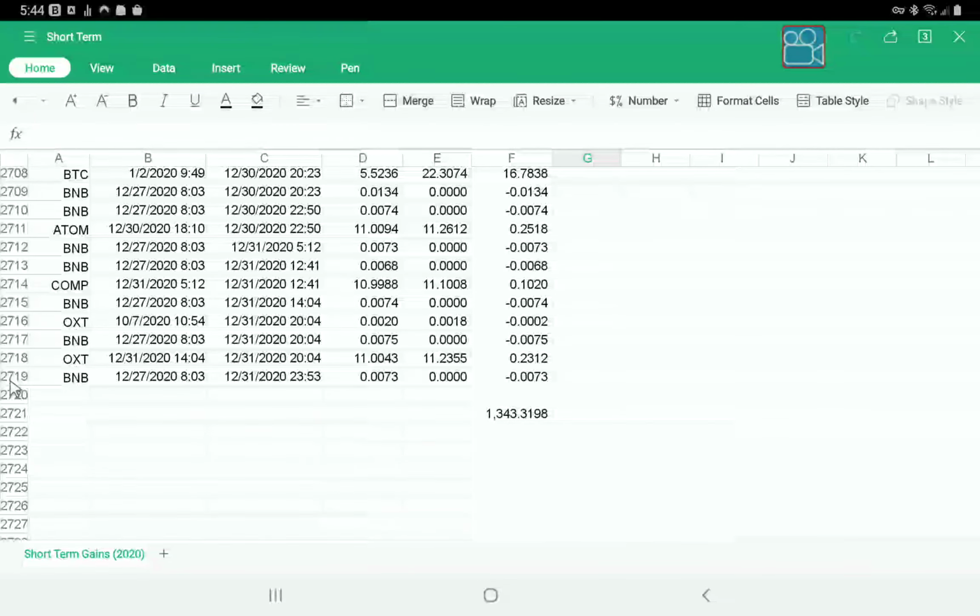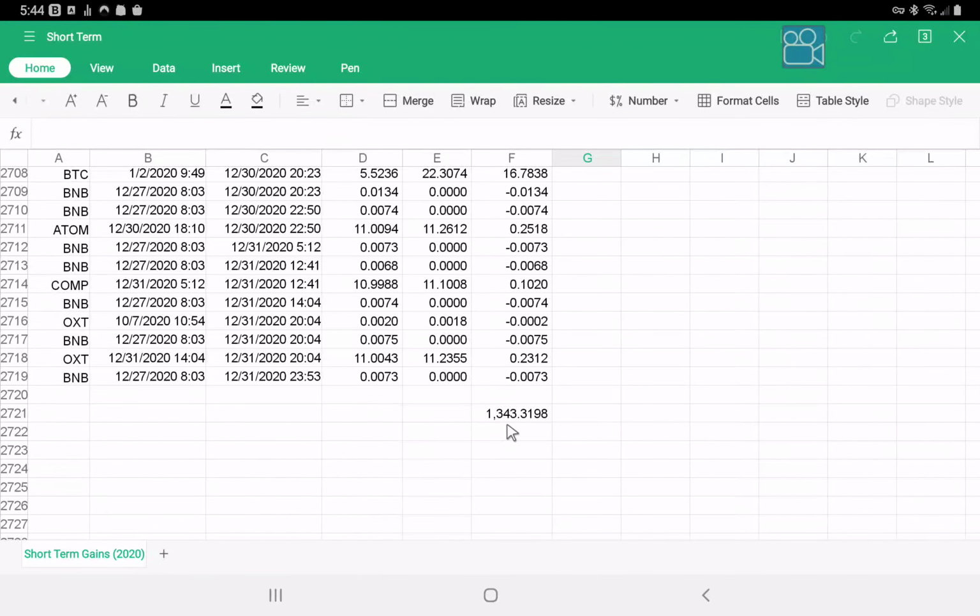2,718 trades. And I made a total profit of $1,343 and change, using only a $1,200 budget with an average exposure of only $300.